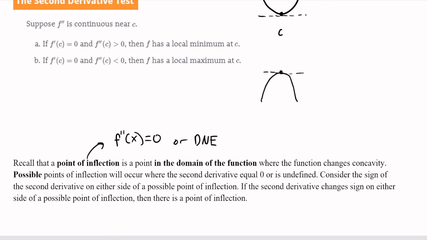We got to check it out. So it mirrors the critical points. Critical points, possible mins and maxes, you go look at the first derivative. Inflection points, you got to look at the second derivative. So it's just the same idea, different derivative.